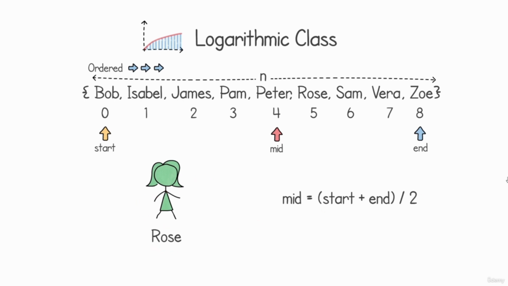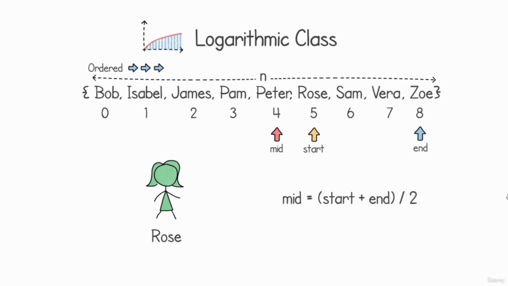It's not the same, obviously, so what we do is we compare to see whether it's bigger or smaller. Rose is alphabetically later than Peter, so we move the start pointer to be the middle pointer plus 1. So in this example, the start pointer moves to position 5, 1 position later than the middle pointer. After that, we recalculate where the middle pointer should be.